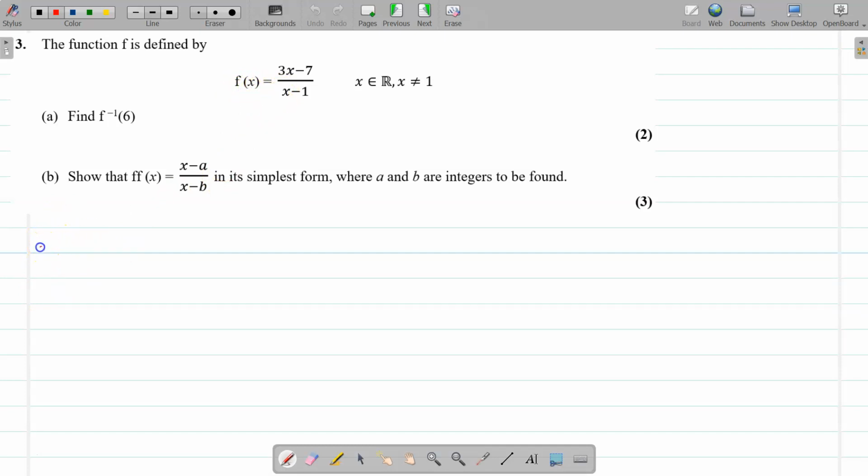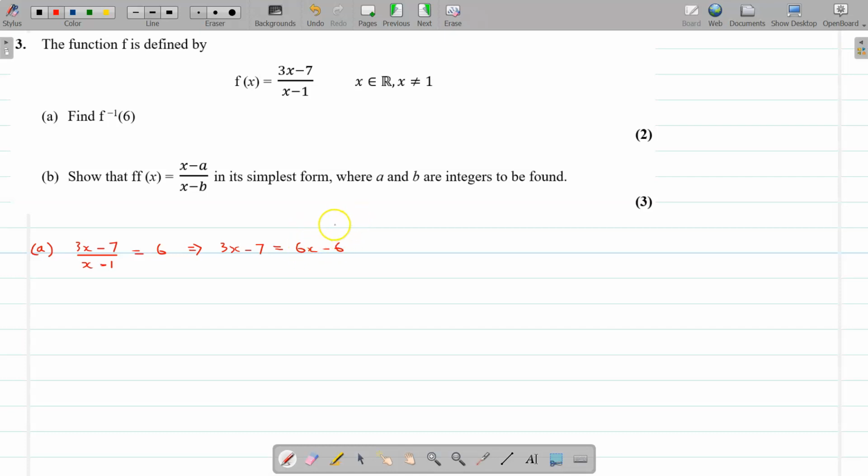So all I would do for part A is just say that f of x equals 6, so therefore (3x minus 7) over (x minus 1) equals 6. Then just rearrange that and solve it. So that gives me 3x minus 7 equals 6x minus 6.